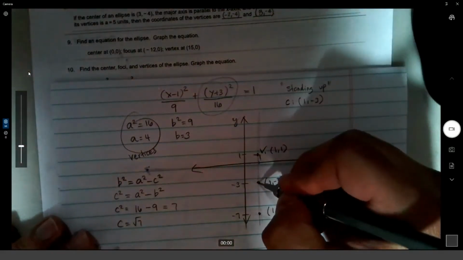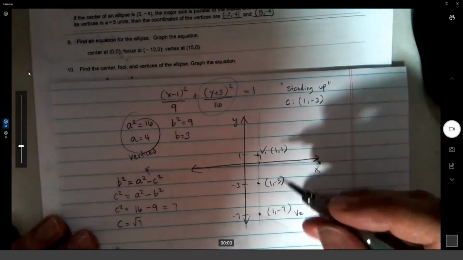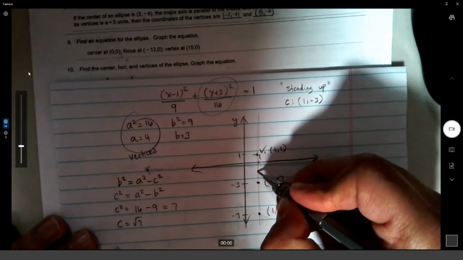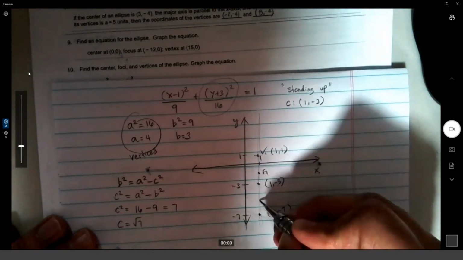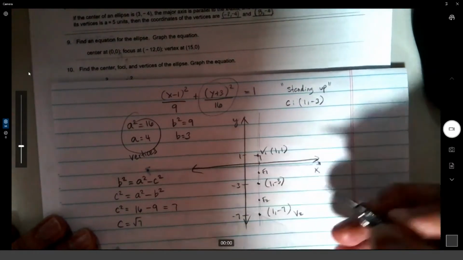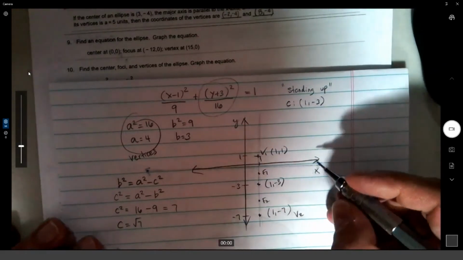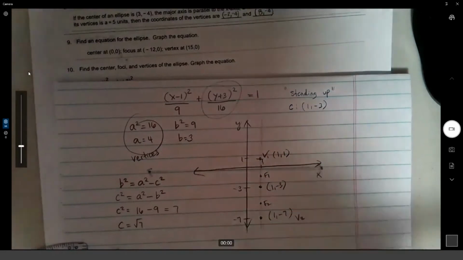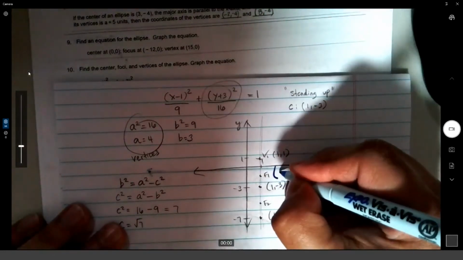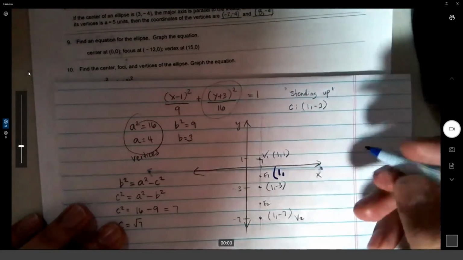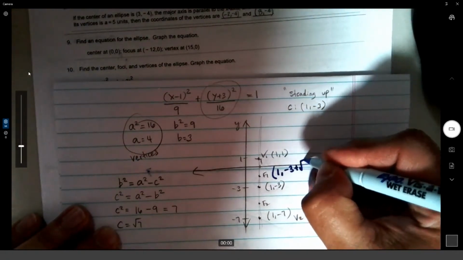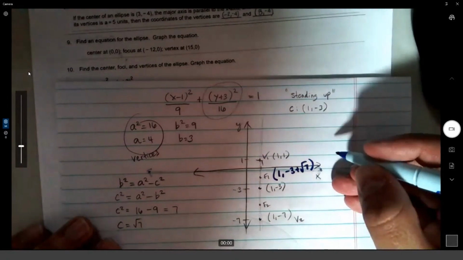Uh-oh. So this is not going to look pretty, but it is what it is, okay? So what's happening here is that there will be two foci, one here, one down there, and their coordinates will be of the following form. I'll use a marker. So the x value stays the same, but to the y value we will add the square root of 7.